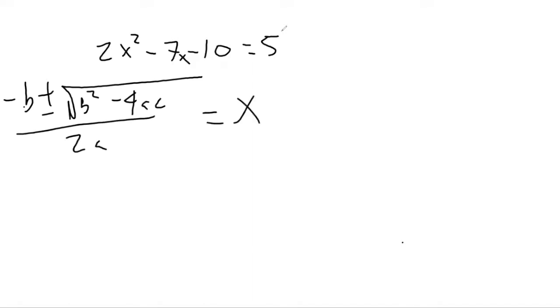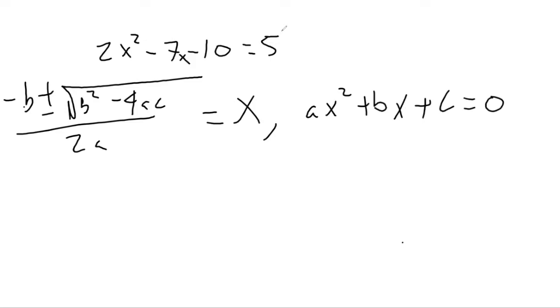But this only equals x if we have a quadratic that follows this form: ax squared plus bx plus c equals 0.